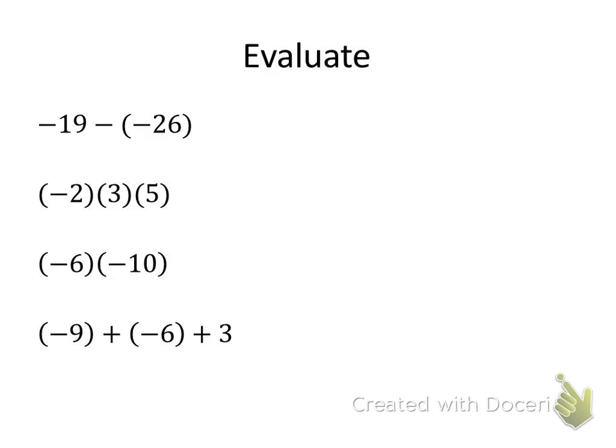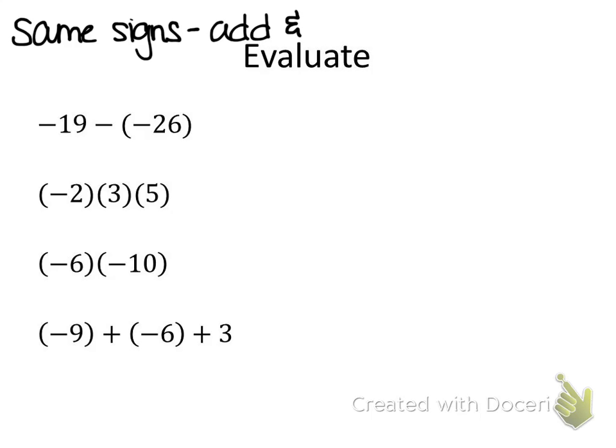Whenever I'm adding, same signs, what do I do? Add and keep. Same signs, add and keep. Write this down somewhere on your paper. Same signs: add the numbers together and keep the sign that they have the same.